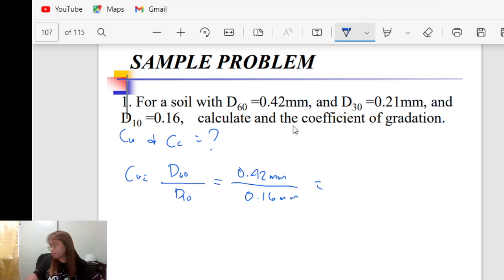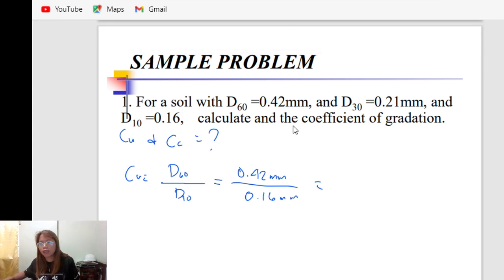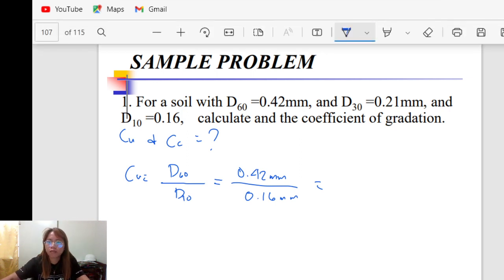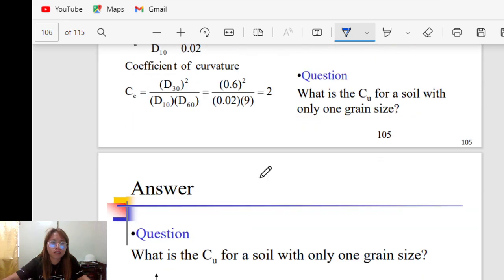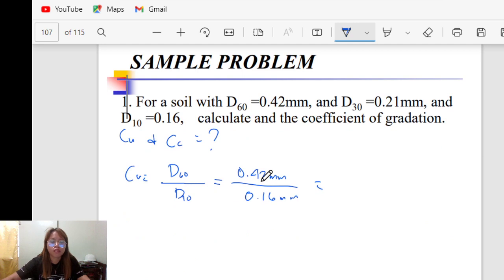Is the formula right? 0.42 divided by 0.16 is 2.625. D60 over D10, yes. That is 2.625, no unit because these are coefficients.